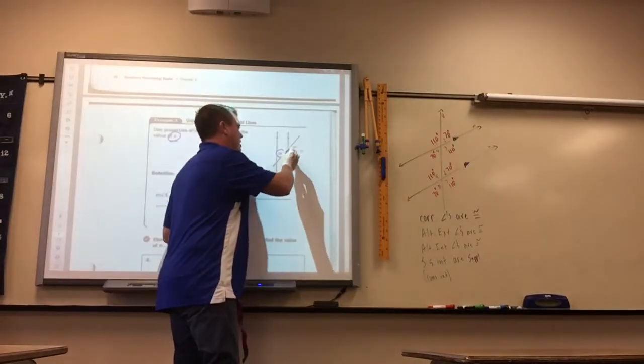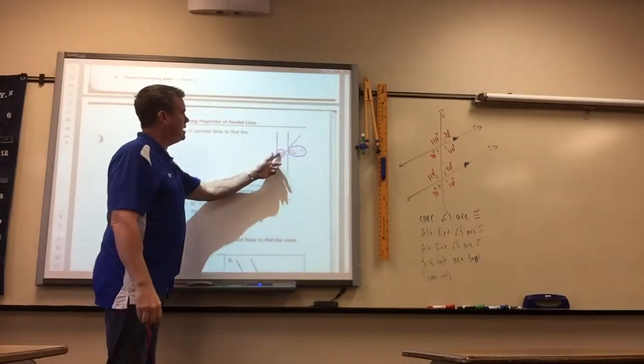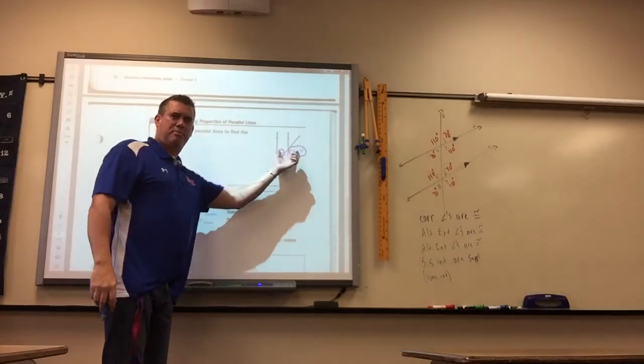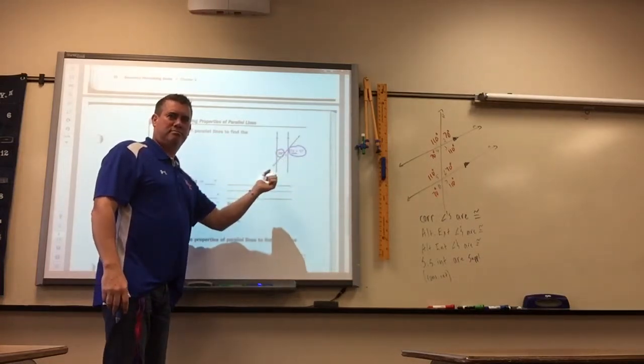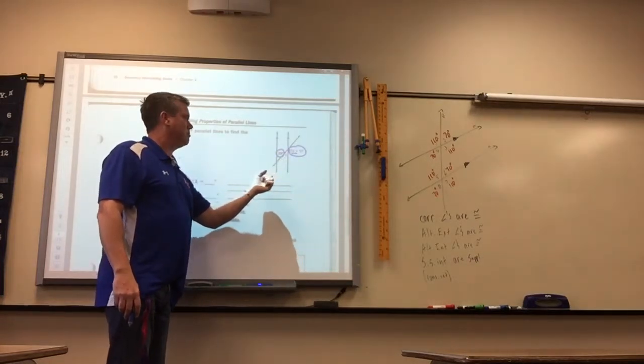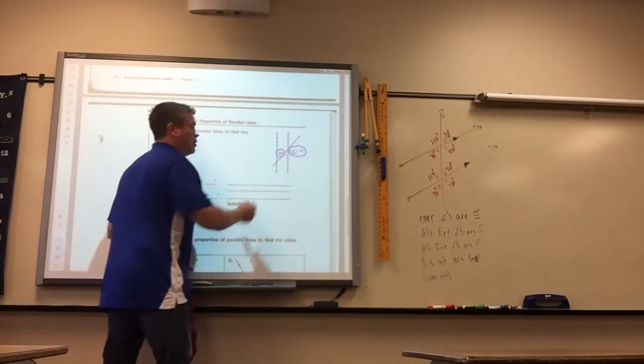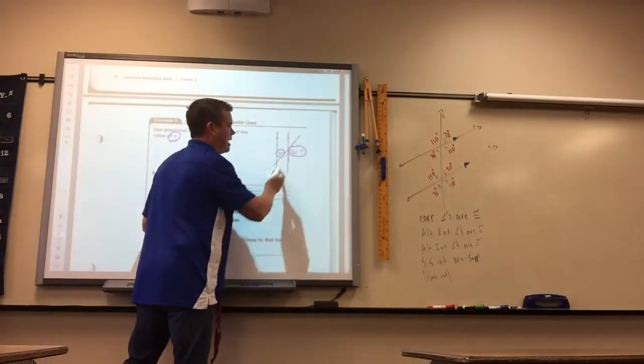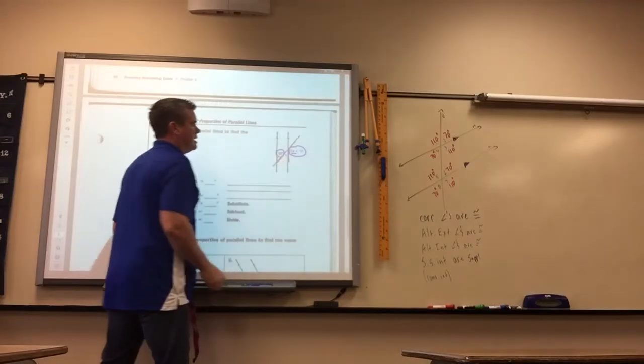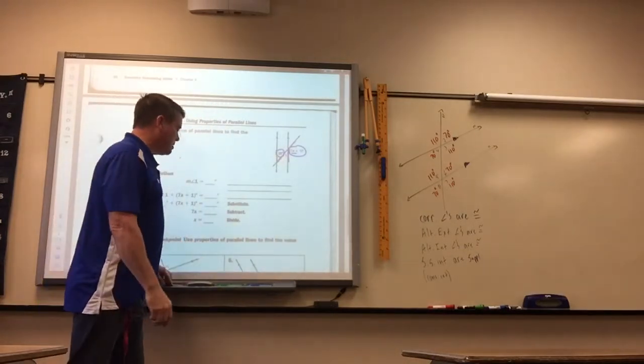So, is this angle equal to 39, or will it be supplementary with 39? That will be supplementary. Hopefully, everyone can tell they're not equal. That's greater than 90, that's less than 90. So that's your equation.